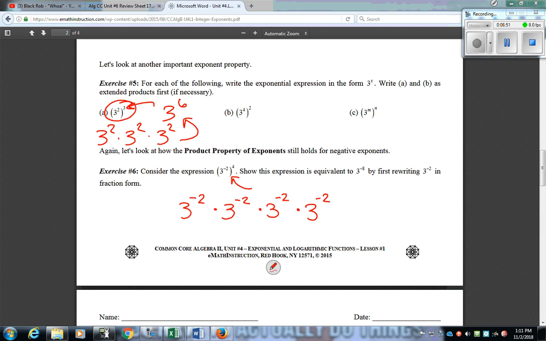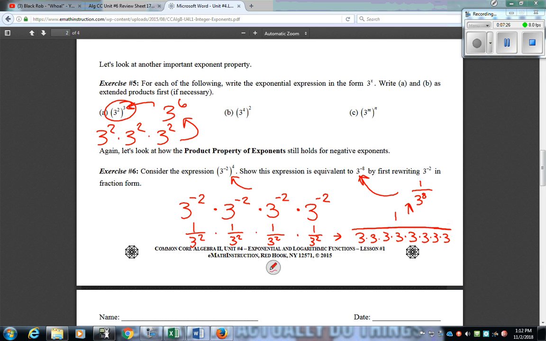And again, if we write these as fractions, it's 1 over 3 to the second. So we got 4 of these. And if we wrote it out even farther, you'd have 8 3s in the bottom of this fraction. Okay, which would be 1 over 3 to the 8, which again would be 3 to the negative 8 as a negative exponent.